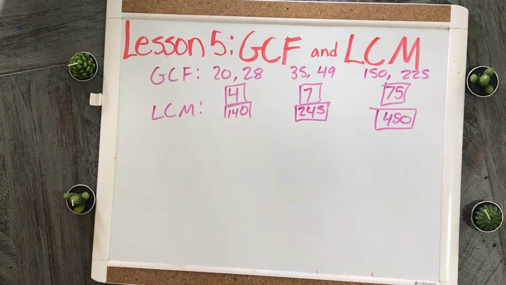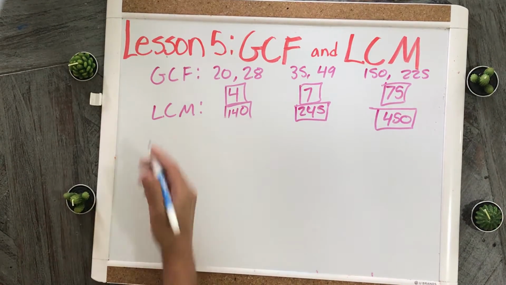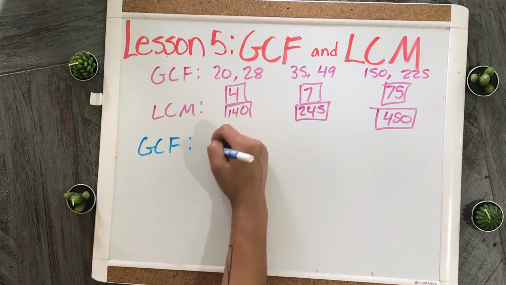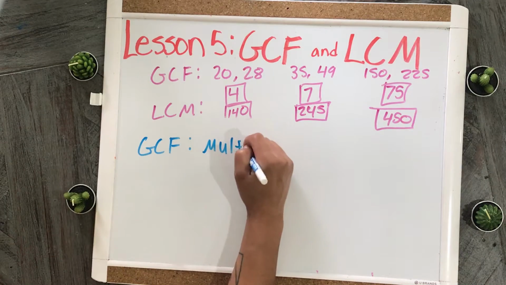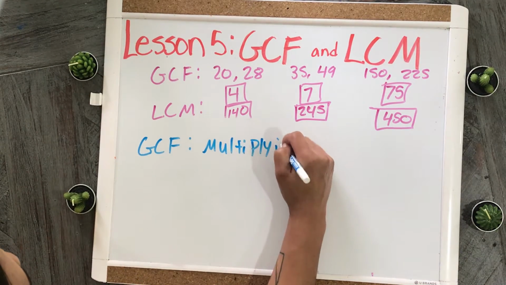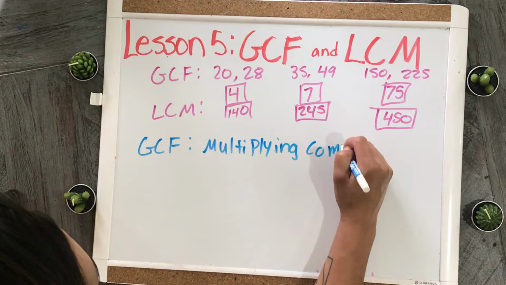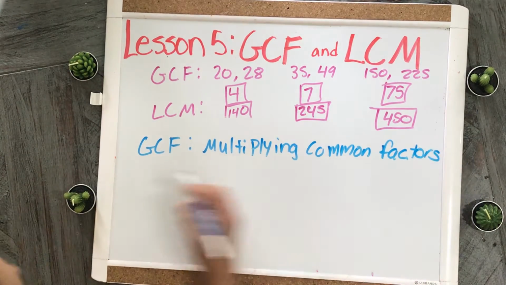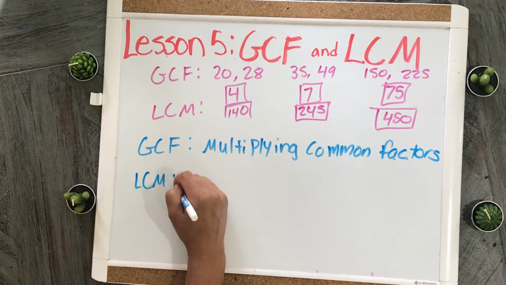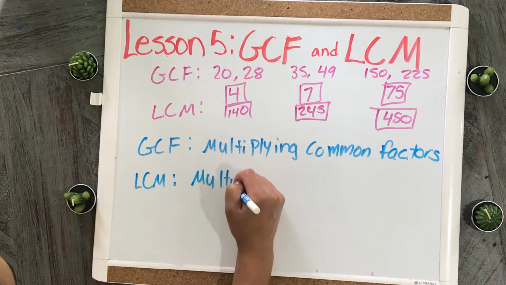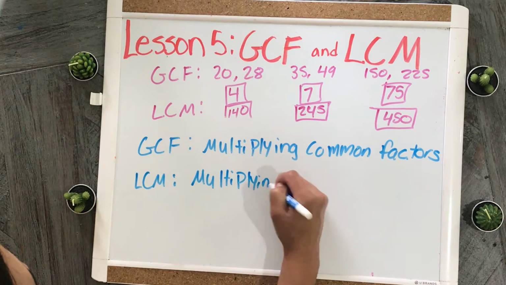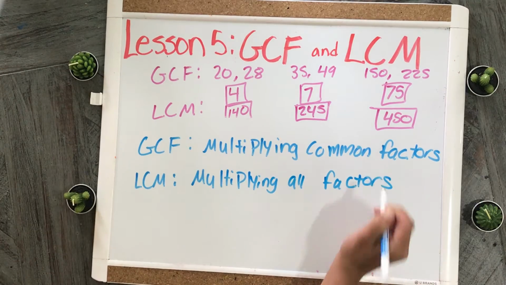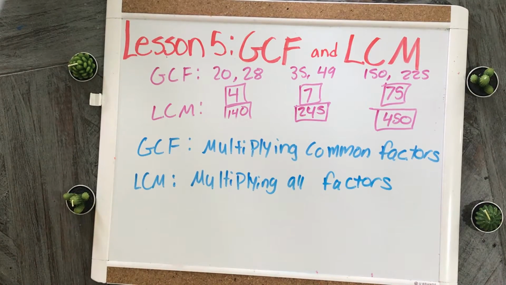So, what I would like to point out quickly is that with the GCF, we are multiplying common factors. With the LCM, we are multiplying all factors. Okay, so hopefully you have the definition in the beginning.